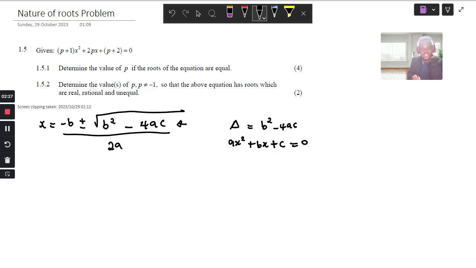So your a is equivalent to p + 1, your b is the coefficient of x, which is 2p, and c is the constant, which does not have x, so it is p + 2.